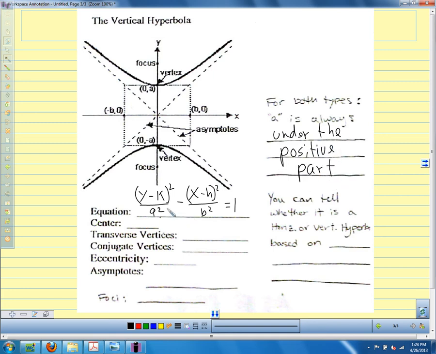So when you look at your equation, the number that is under the positive part is a squared. The number that's under the negative part is b squared, always, no matter which way your hyperbola is pointing.